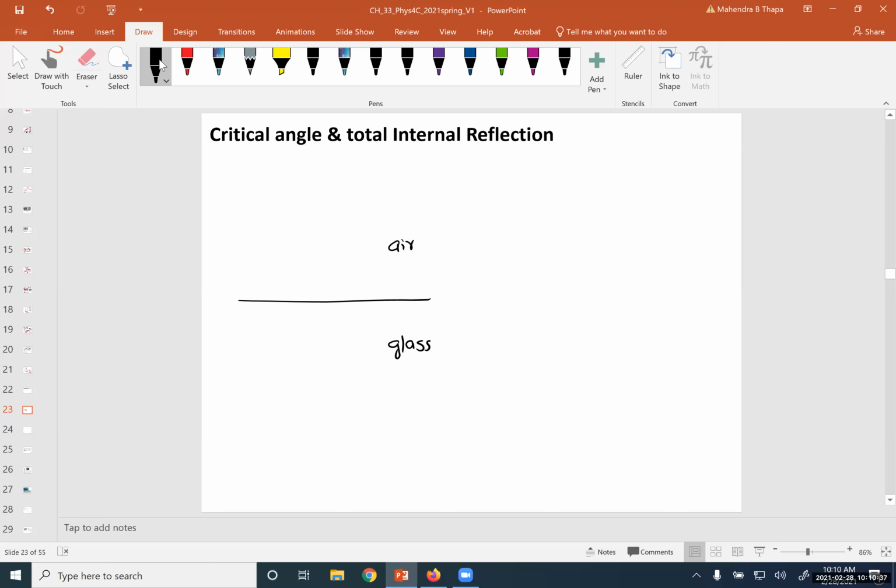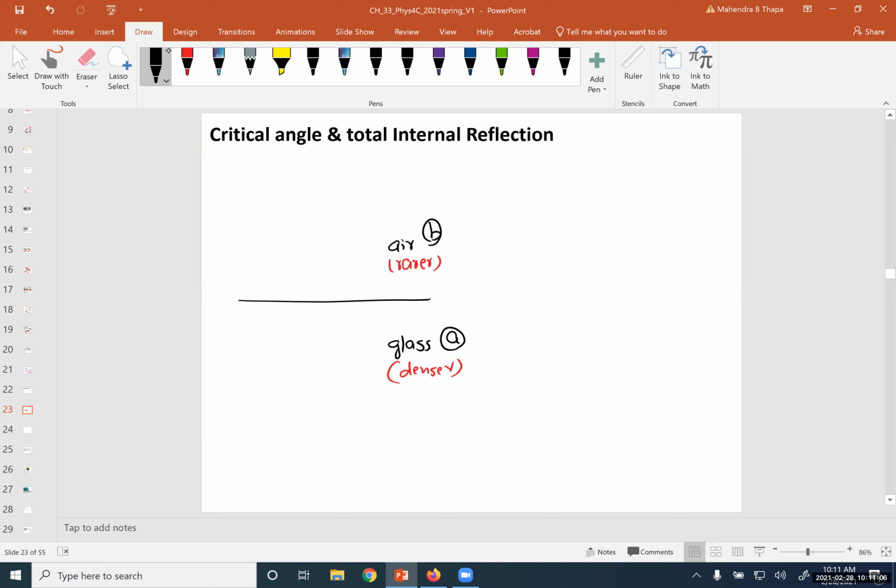If I compare these two media, air is the rarer medium, and glass is called the denser medium. So for simplicity, I'm calling glass medium A, and air medium B.